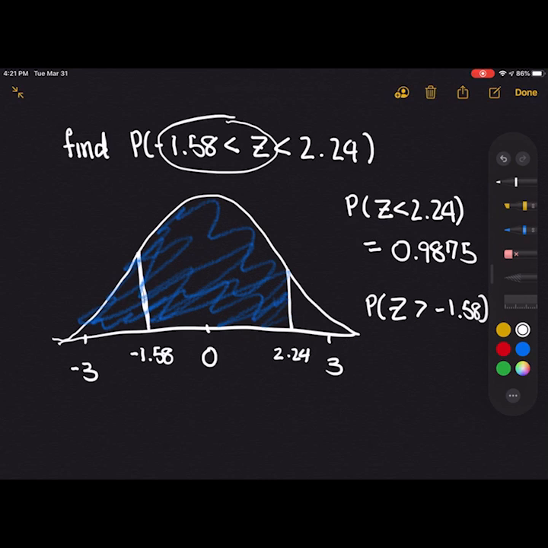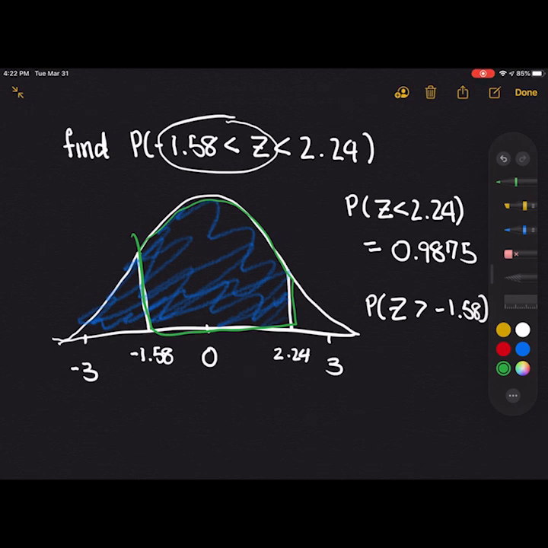But that would mean we're subtracting it with this. If you subtract the blue and the red, what we're going to eventually get is this part, and that's not what we're looking for. Our main goal is to find what's in here.